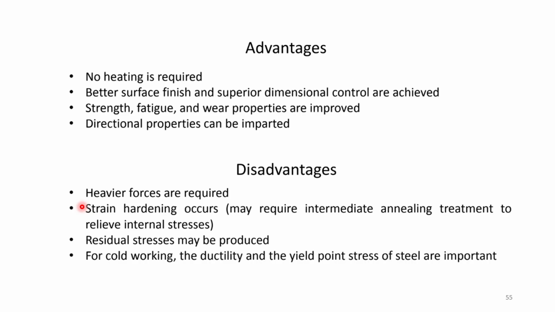Strain hardening occurs because you are not providing any high temperature for dislocations to get annihilated. Residual stresses may be produced. And also for cold working, the ductility and the yield point stress of the steel are important, so you must know these properties of the steel before starting to cold work.